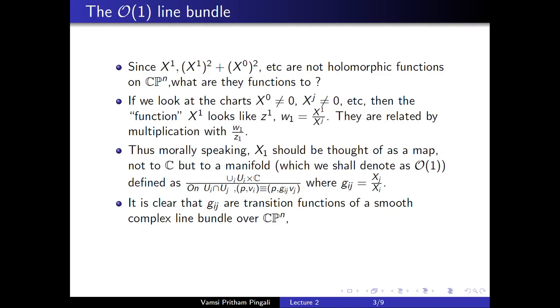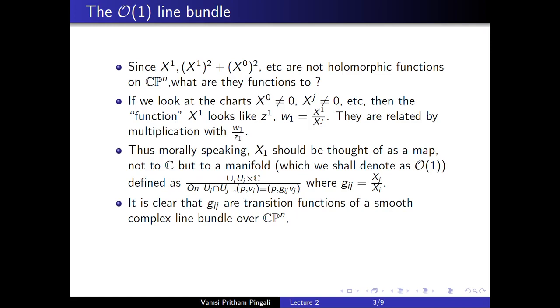Now, you can analogously define holomorphic vector bundles over complex manifolds as, roughly speaking, holomorphically varying families of vector spaces. In other words, locally they look like U_i cross C^r for some r, and on U_i intersection U_j, the C^r's are related by means of a holomorphic family of matrices, these so-called transition functions.